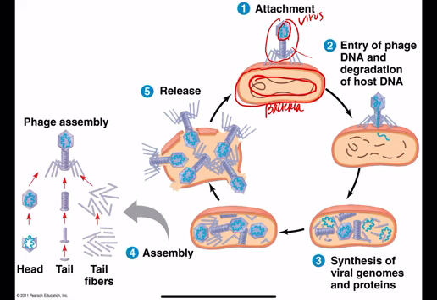That virus integrates its DNA, we see it coming in here, into the host. Then it's going to use restriction enzymes to cut up that host DNA, and you see that done there. It's already cut up. It's not in this nice circle anymore, so that DNA is not going to do anything now.